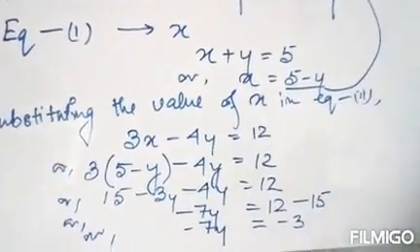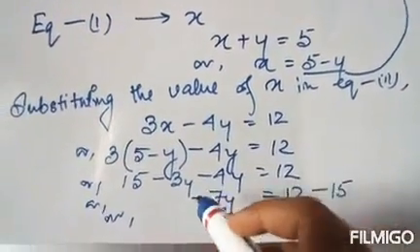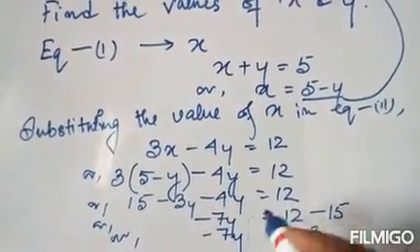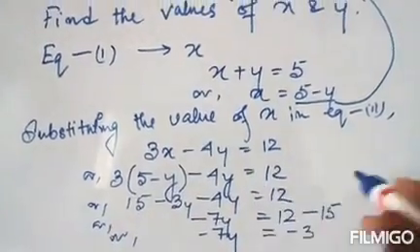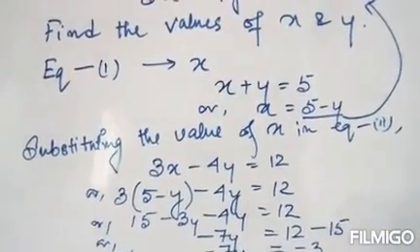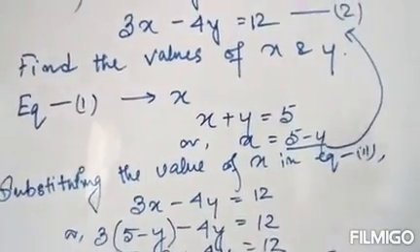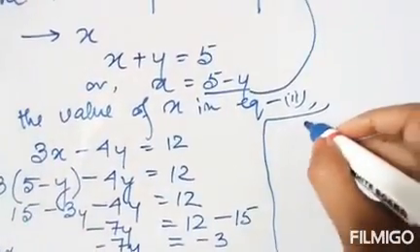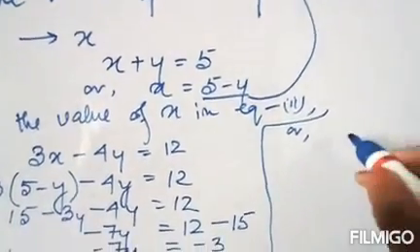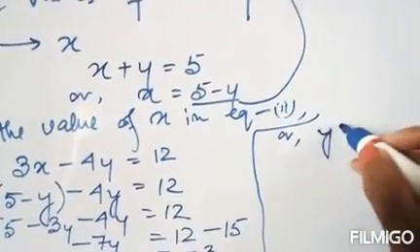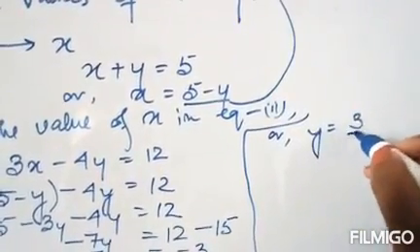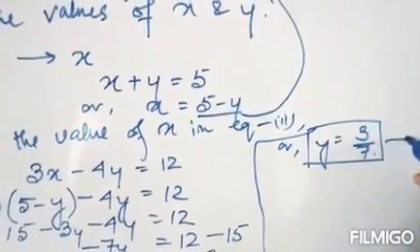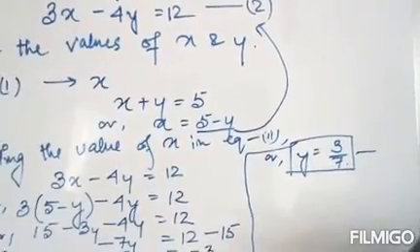Now see, if both sides have a negative, we can just ignore the negative sign and take it as positive. So y is equal to 3 by 7. I have got the value of y.